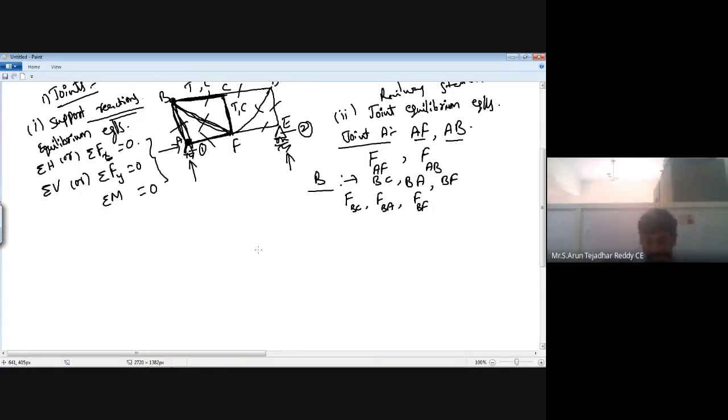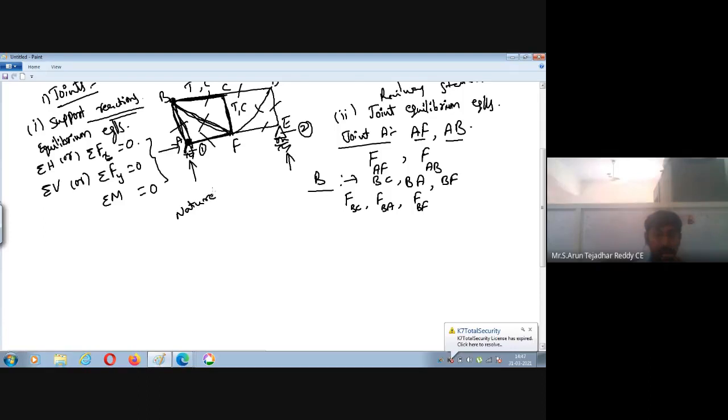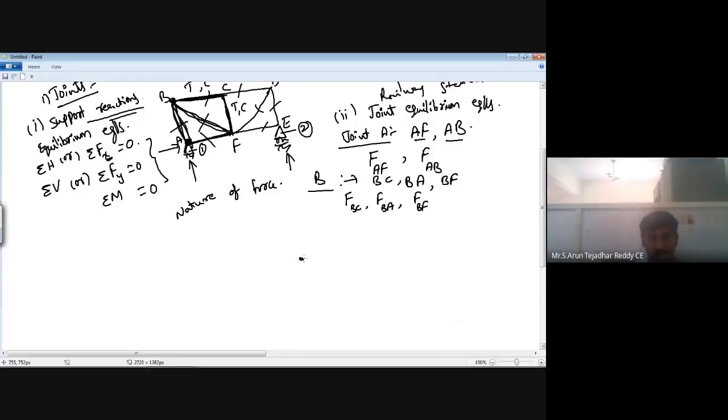Here we don't know the nature of force. Suppose I take joint A. From joint A to F one member, and again here one member is acting. First of all, we don't know the nature of forces. Nature means whether it is tension or compression. We don't know.